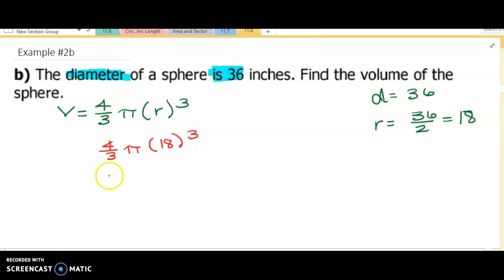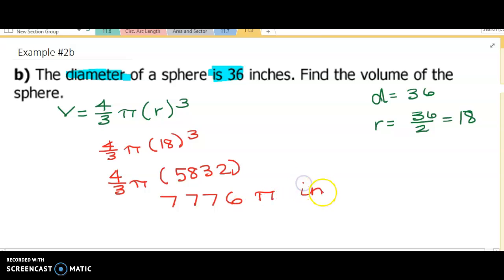And 18 cubed is a really big number. 4/3 pi times 5832. Okay, and then when I put that in my calculator, I get 7776 pi, and that'd be inches cubed. Or if I put pi in my calculator, 24,429 roughly inches cubed. Okay, so here's exact, here's rounded.